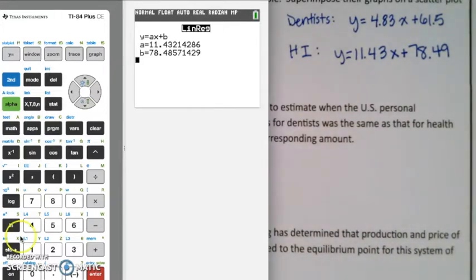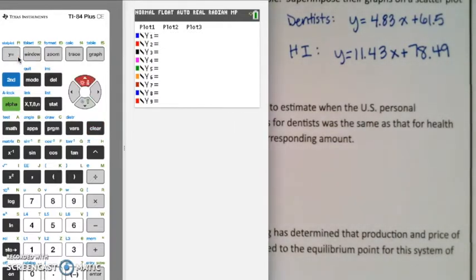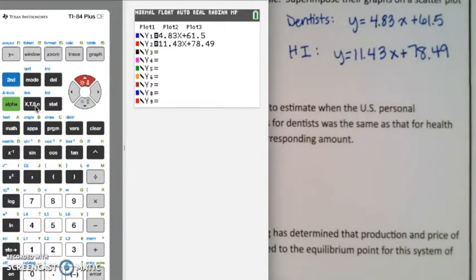Okay, so in order to do this, we can go ahead and graph those 2 lines. So my first line is 4.83x plus 61.5. Enter. The second line, 11.43x plus 78.49. Now, I'm also going to go up here and turn on my plot 1 and 2, okay?